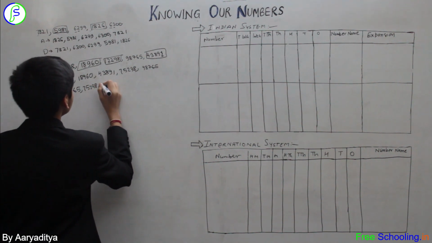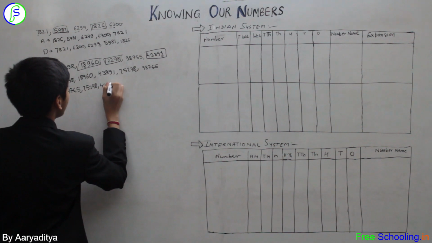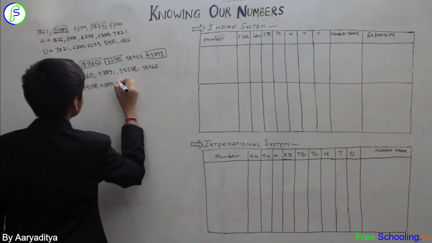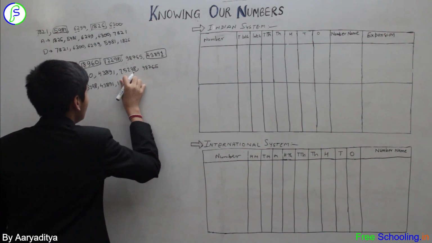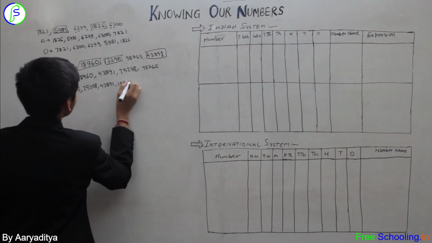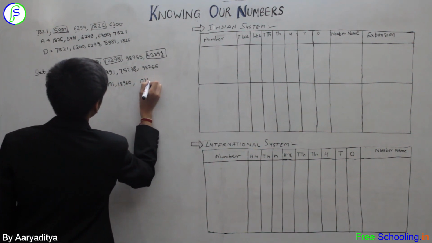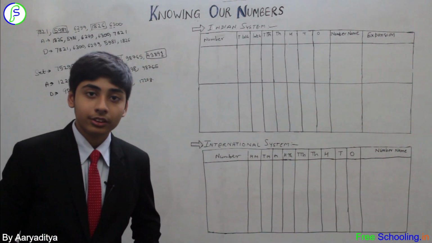Third largest, 43891. Fourth largest, 18960, and the smallest, 12298. This is how we arrange a given set of numbers in ascending and descending order.